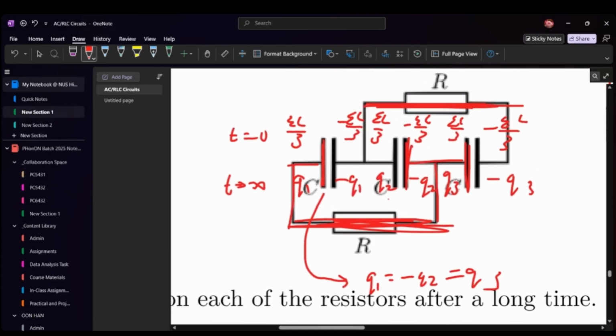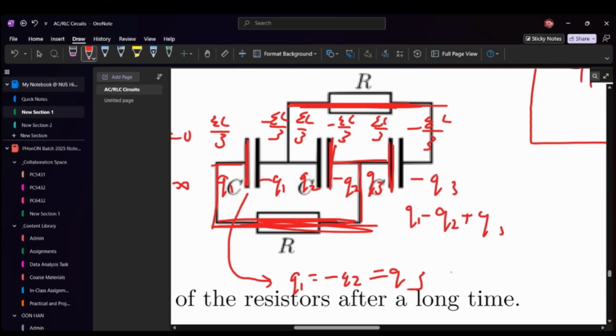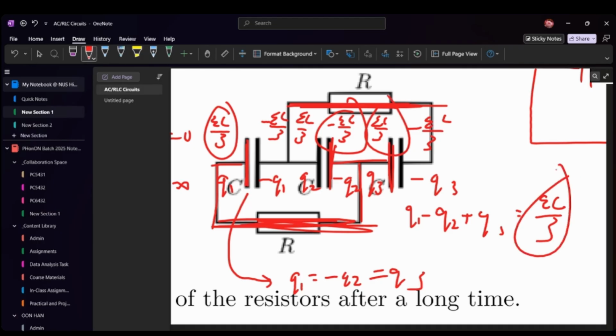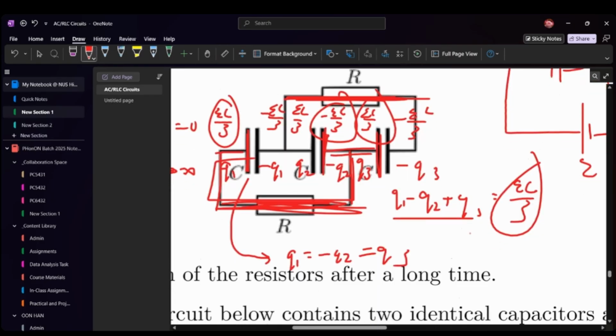And another thing is the conservation of charge. The conservation of charge tells us that Q1 minus Q2 plus Q3 is actually this value, because initially at t equals 0, these 3 summed up to this, and obviously the charge along this entire wire cannot change, so that must equal to this.